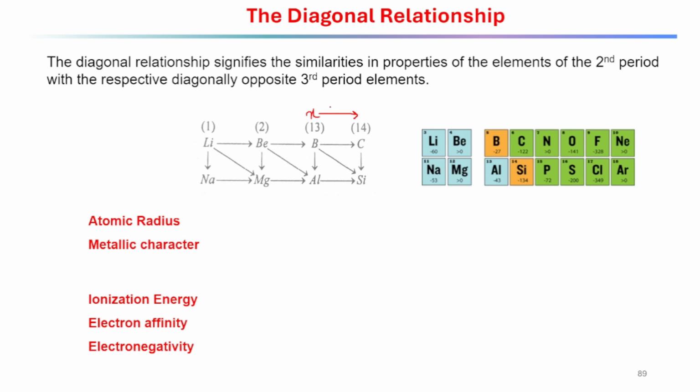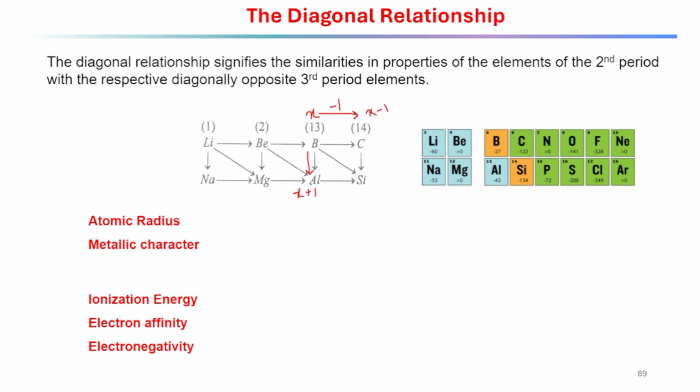Let's suppose it will decrease by 1 unit. So in case of carbon, it will be X minus 1. And again, suppose in case of going down a group from boron to aluminum, this atomic radius and metallic character increases by 1 unit. So from boron to aluminum, it will become X plus 1, because we are defining that from top to down it gets increased by 1 unit. Okay.